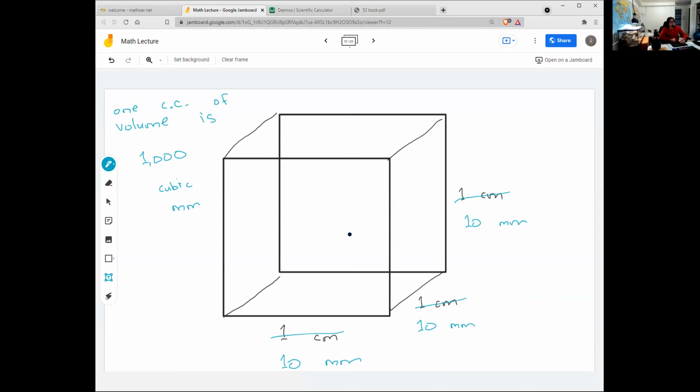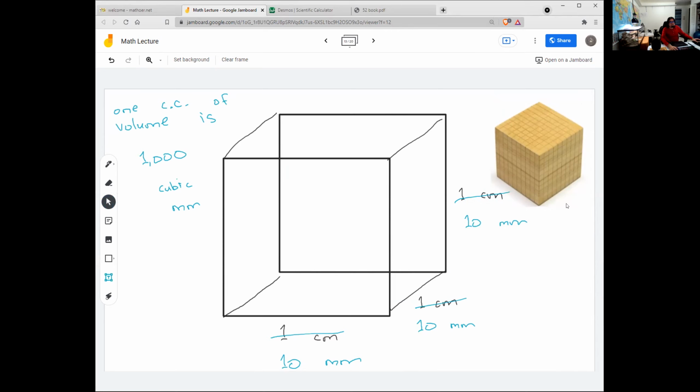So 1 cubic centimeter is 1,000 cubic millimeters. Everyone okay with my picture? If I was an amazing artist, then I would do something like a base 10 cube, where there's 10 on each side.